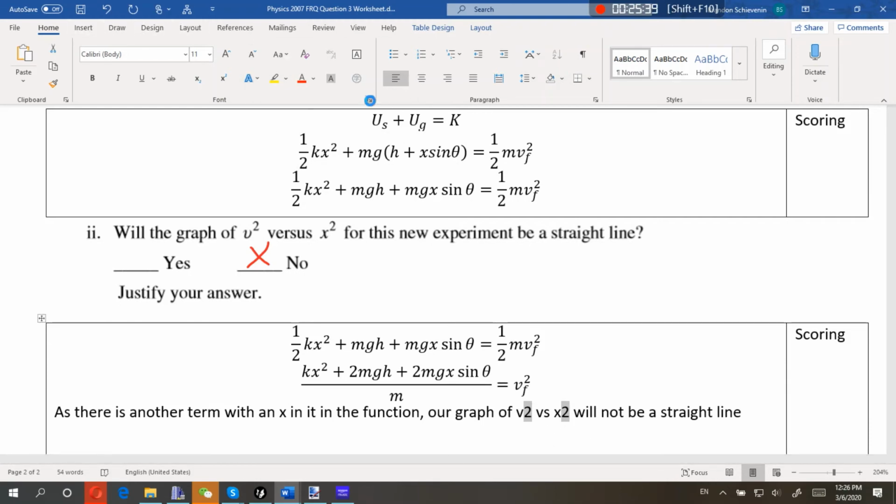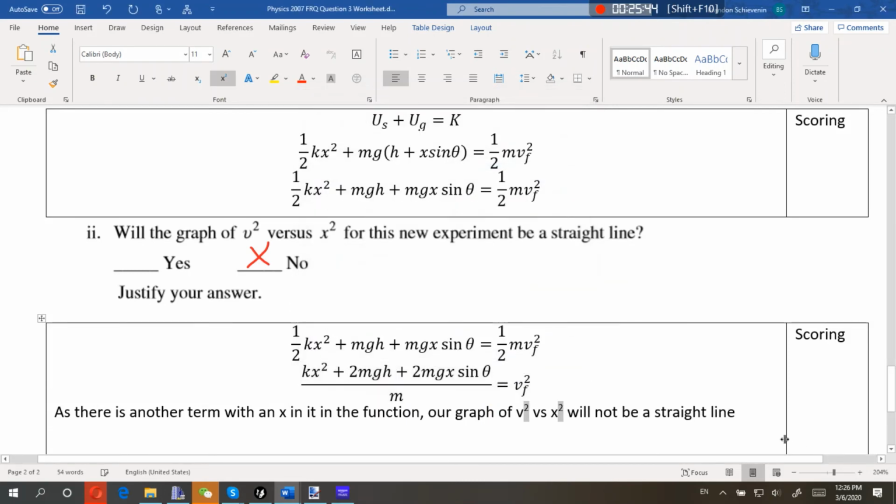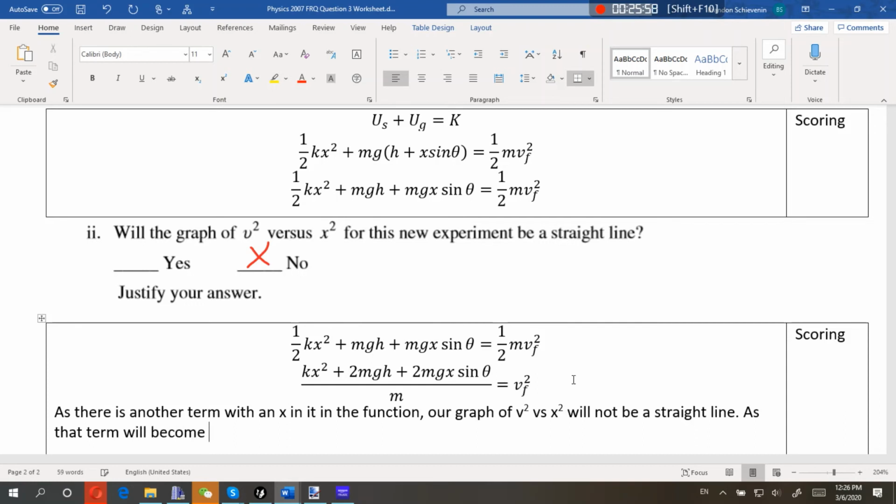What do you think the graph would look like? It's like a curve. Yep. So when I go to take the square root, that'll become a root x. So that term will become the square root of x if we solve for v. The function will be v squared.